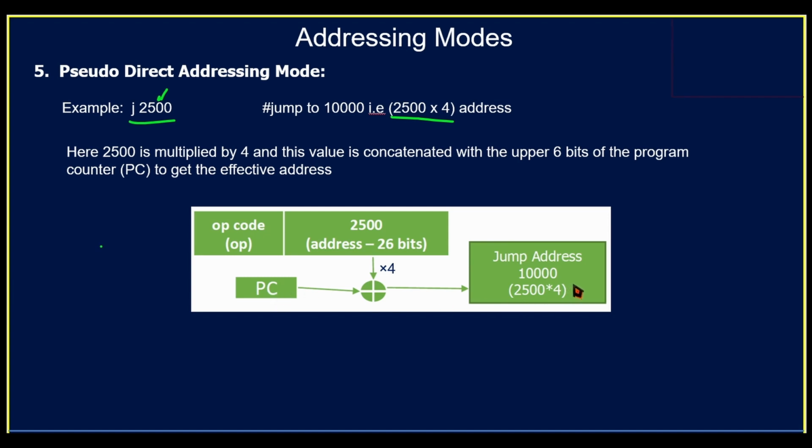And it will go to that particular address. So here also relative to the program counter value it jumps, but here the value is directly given. We are calling this pseudo direct addressing mode. It is not exactly direct because it is also involving relative addressing. So pseudo direct addressing mode.